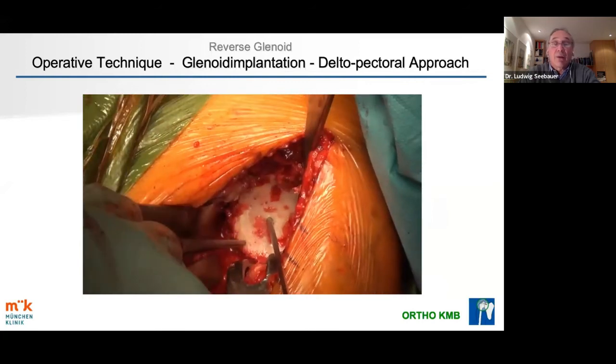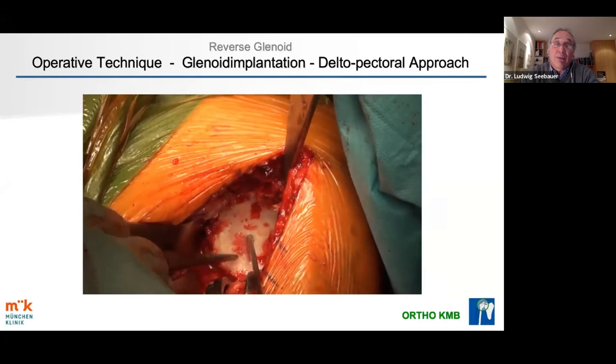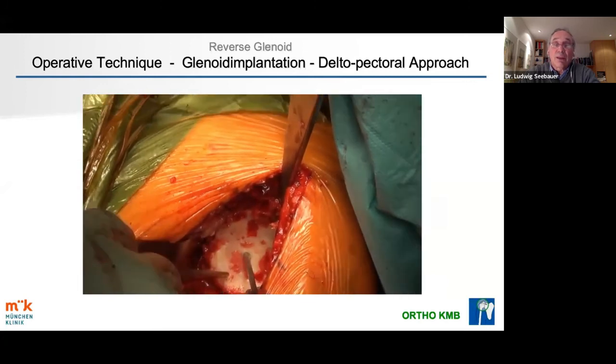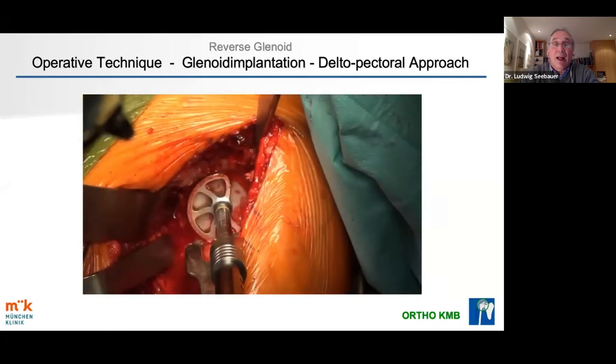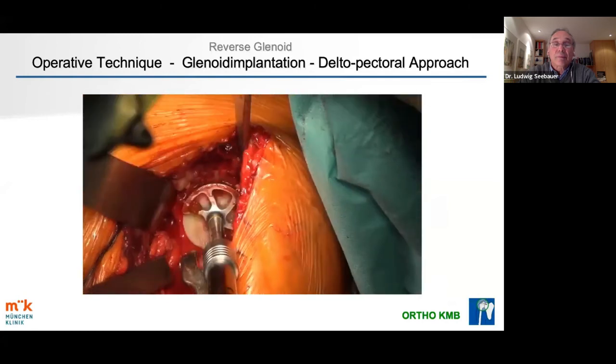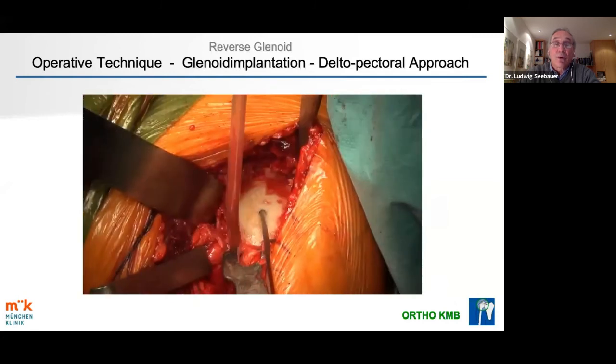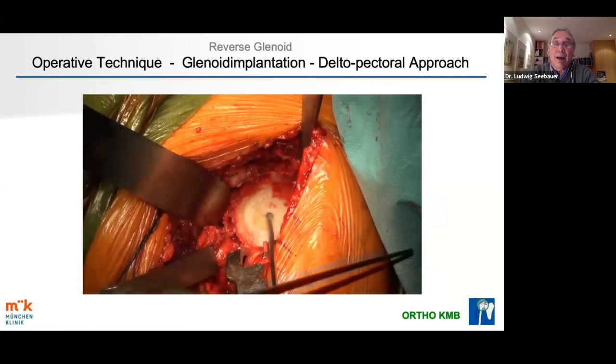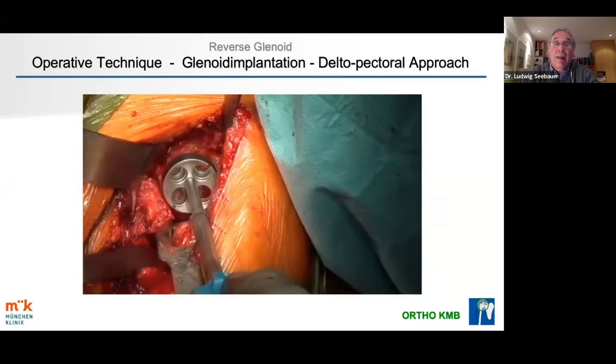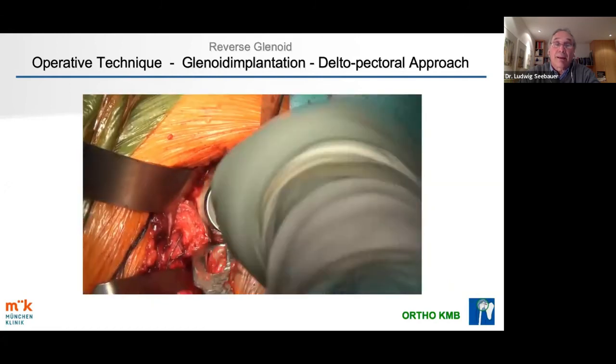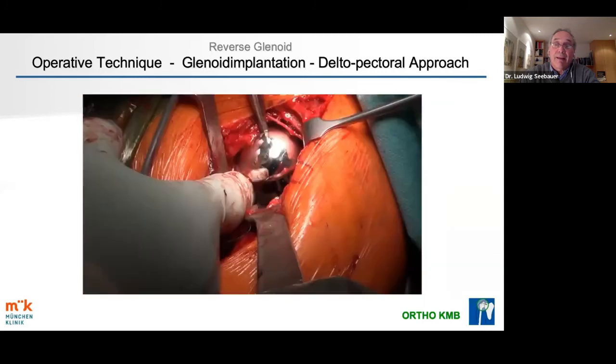I only did about 30 to 50% of reaming. I drill the superior surface, and then I take some cancellous bone superiorly behind my metaglene, and then I bring in my metaglene. And then the rest is like at the other side.